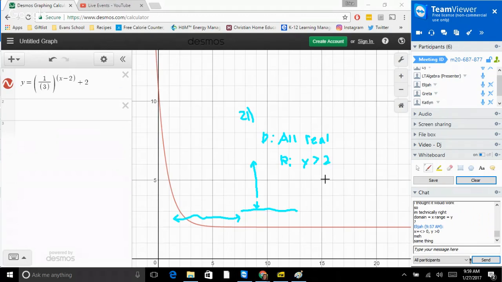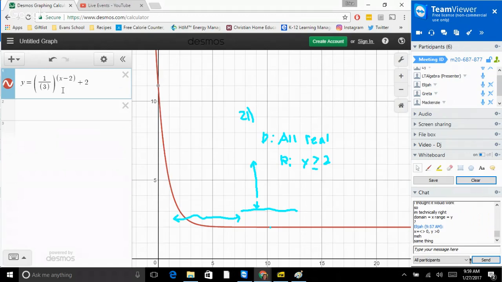2. You might be tempted to do greater than or equal to 2, but it technically is never going to hit 2, even though Desmos is telling you it's 2. It's going to get really close to 2, but it never can quite get to 2. We can talk in class on Monday about why that is: there's always going to be some value, 2 plus this amount, and we can never get this amount to be quite 0.